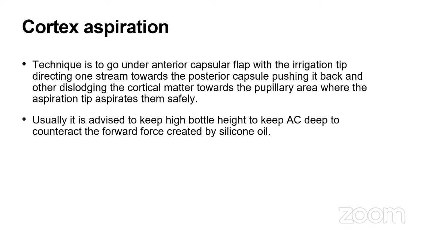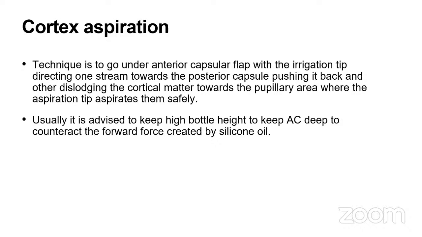And coming to cortex aspiration, the technique is to go under the anterior capsular flap with the irrigation tip directing one stream towards the posterior capsule, pushing it back, and others dislodging the cortical matter towards the pupillary area, where the aspiration tip aspirates them safely.